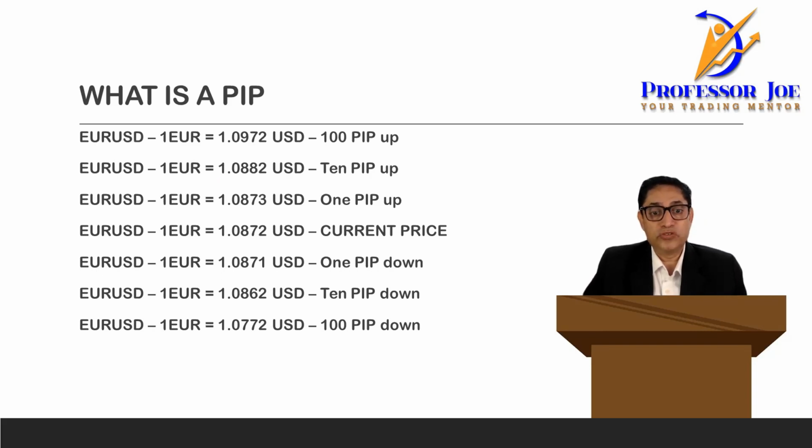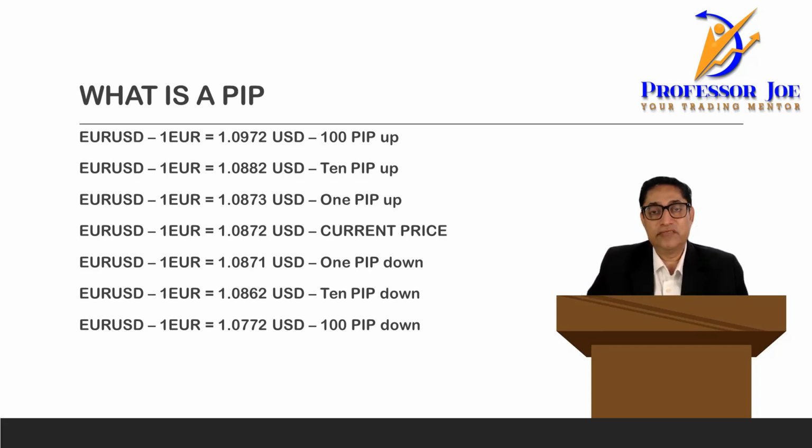And if the price goes from 1.0872 to 1.0882, then we say that the price has moved up by 10 pips. And if the price moves from 1.0872 to 1.0972, then we say that the price has moved up by 100 pips.